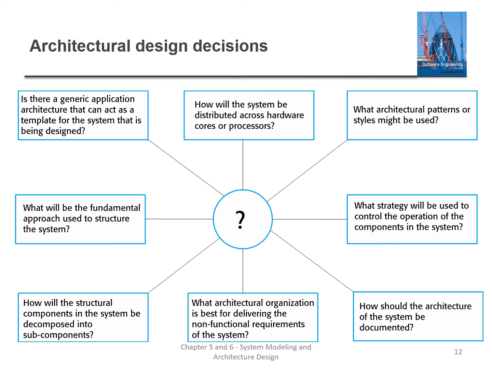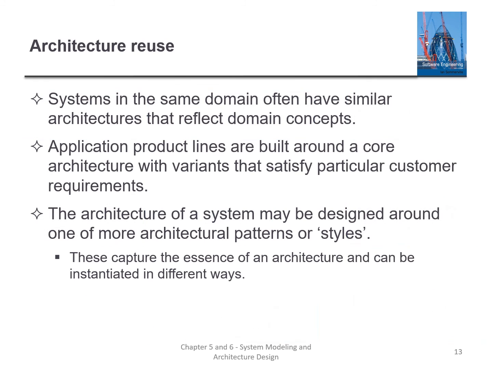And then, how can the structural components be decomposed? Which architectural organization is best to deliver a specific non-functional requirement? How to document it? When the system architect is coming up with an architecture diagram, these are among the main questions that must be thought of by them.